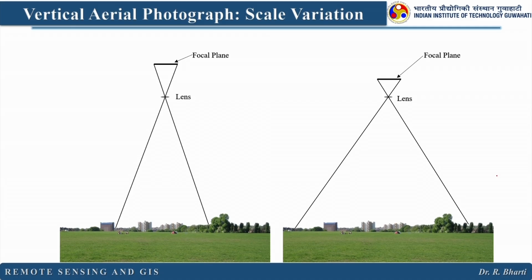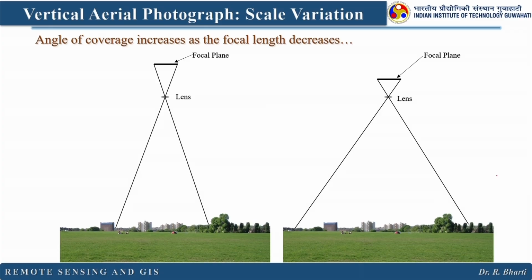This is one example to understand the effect of focal length on the acquired image. Here, this is the focal plane, this is the lens, and this is the area we want to capture. You can see this is different and this is different.